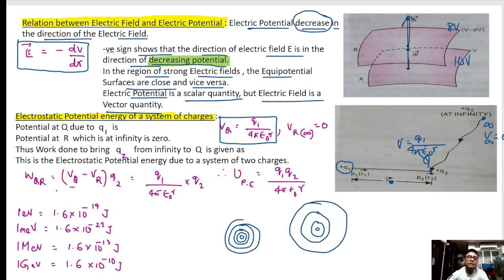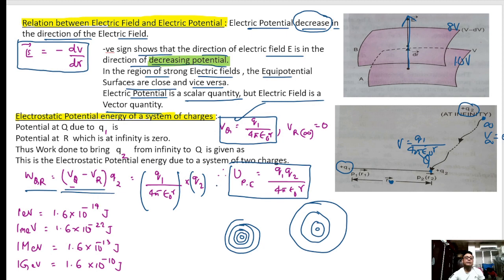So what is the potential difference between these two? It will be this only. What is the work done to bring the charge Q2 from infinity to that point Q? This potential into the charge is the work done, and that is the energy stored. That is the potential energy.